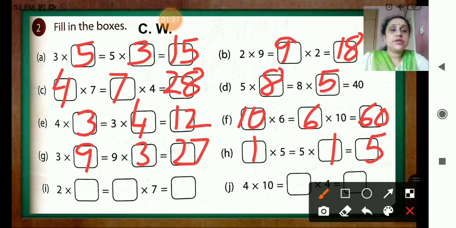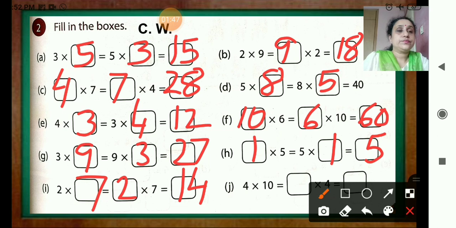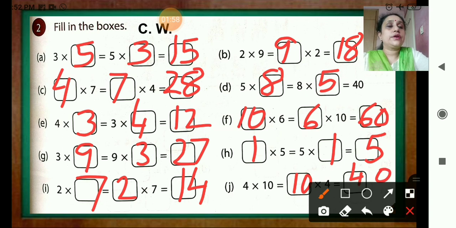Now the next question. 2 multiplied by 7 equal to, again 2 multiplied by 7 is 14. 4 multiplied by 10, and again 10 4s are 40. Okay.